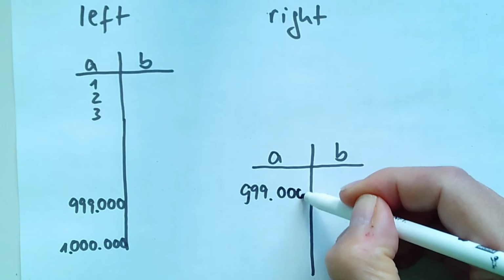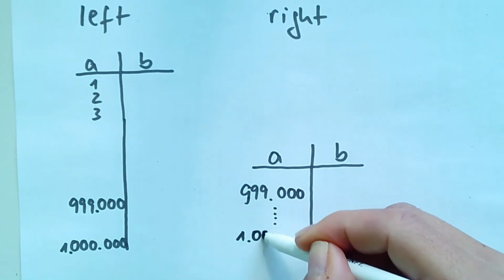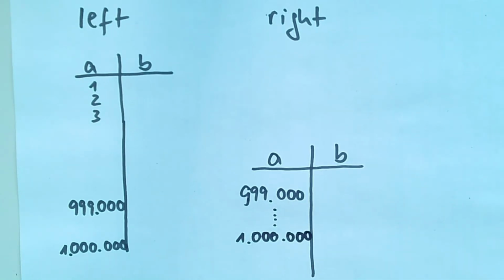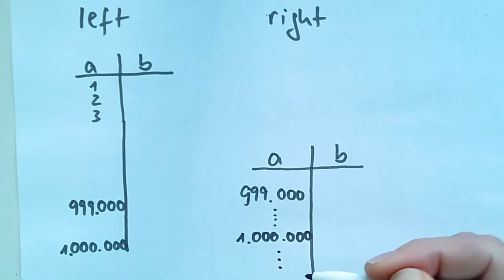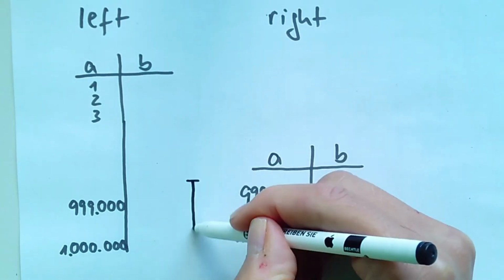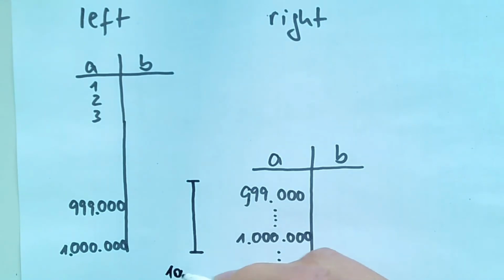Then it would of course reach 1 million here, and then extend beyond that. We need 1 million rows altogether. So you can see that there is some overlap between the contents of the join columns in the left and right tables. It's exactly this area, and that area will contain 1,000 rows.